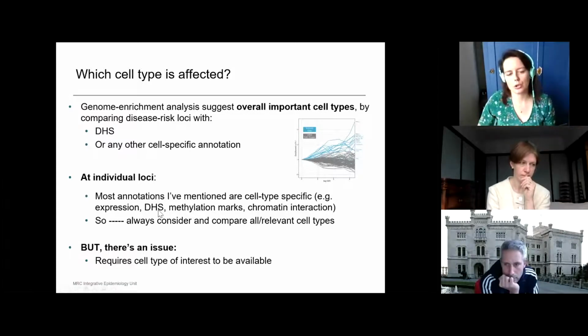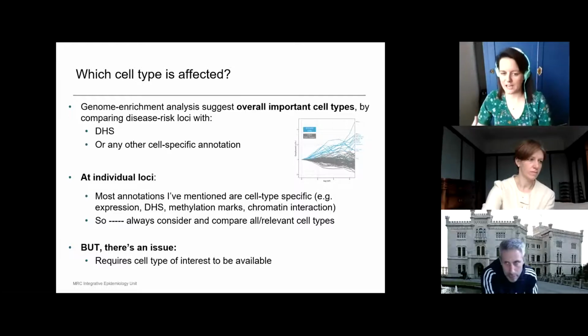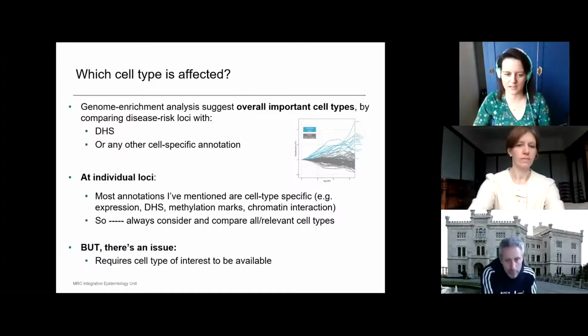So you should always look at what cell type you're interested in, and where you see some association or some data telling you there's an annotation of interest, check that it's in a relevant cell type, because there might be some red herrings in the data that you're looking at.